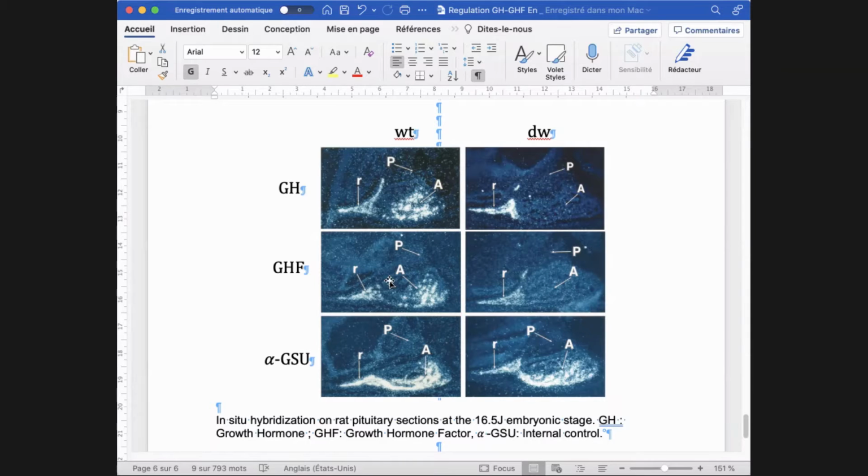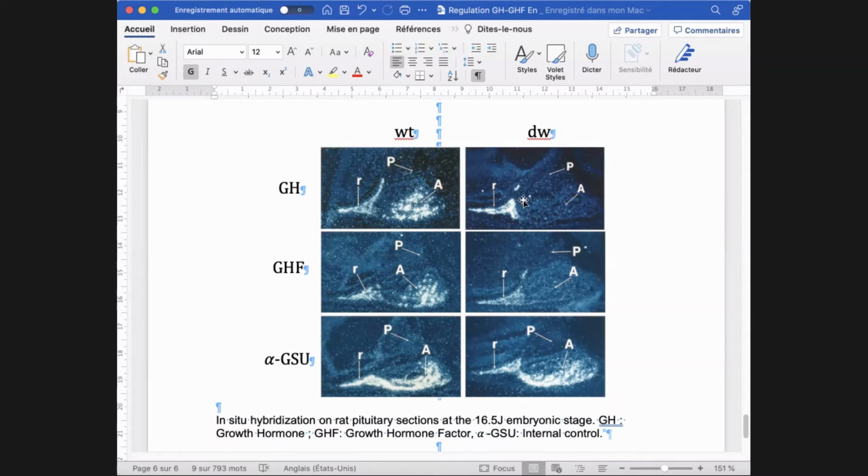The second row is the in situ hybridization on a similar section, but using GHF as a probe. Okay, so this is the site of expression of the GHF gene. Okay, and the last row, alpha GSU, is a positive control of the experiment. We're not going to talk about that. Okay, we are going to look only at the 4 first pictures.